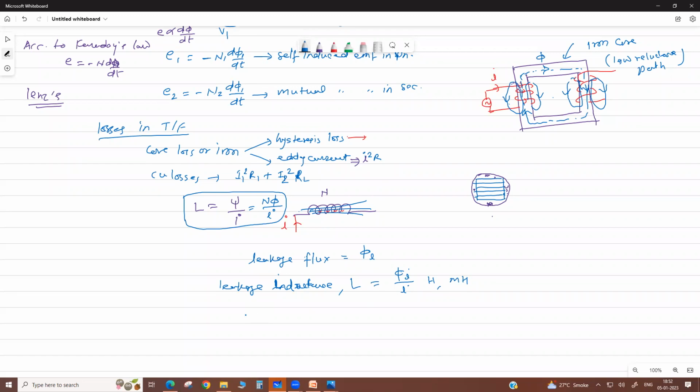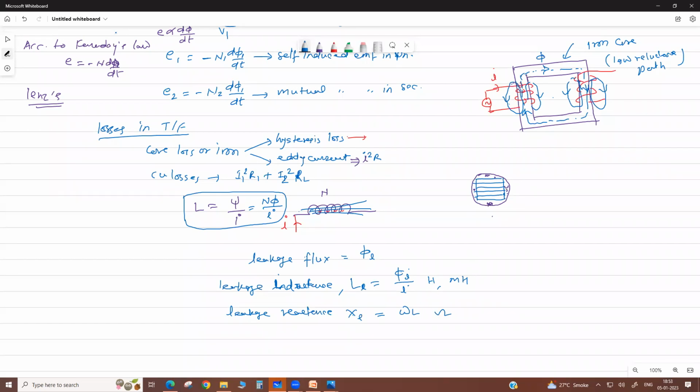Then we calculate leakage reactance. Due to this leakage flux, there is a leakage reactance that is denoted with XL. That is nothing but omega L. Correct, na? XL equals omega L. It is in ohm. In both primary and secondary. Leakage inductance, then leakage reactance.